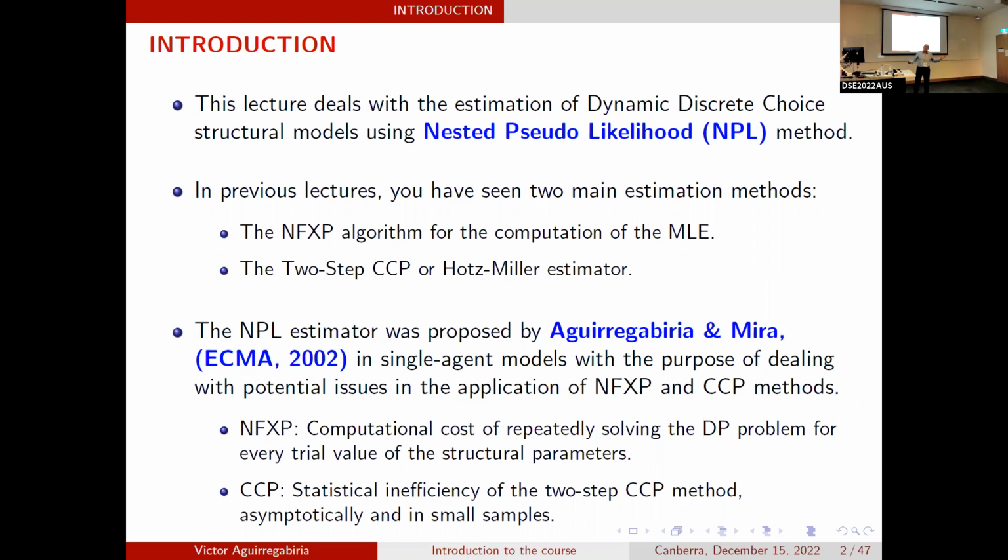We have a state space with millions of possible states, but we have a sample with a few thousand observations. It's obvious that we are going to have some states that we never observe in our data. CCPs for these states will be completely noisy, and in the end, garbage in, garbage out. If we have very bad estimates of CCPs, our estimate of structural parameters will be very bad. And these are the two issues that motivated our paper.